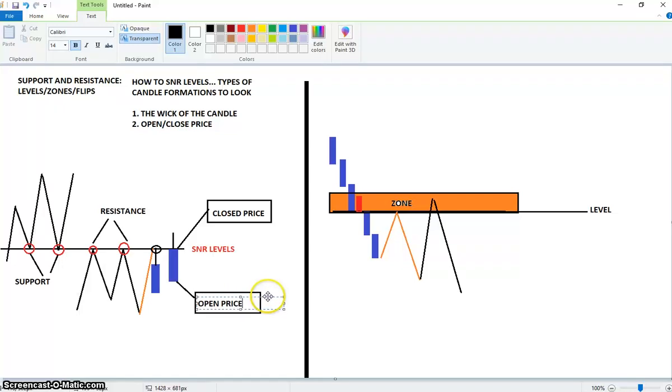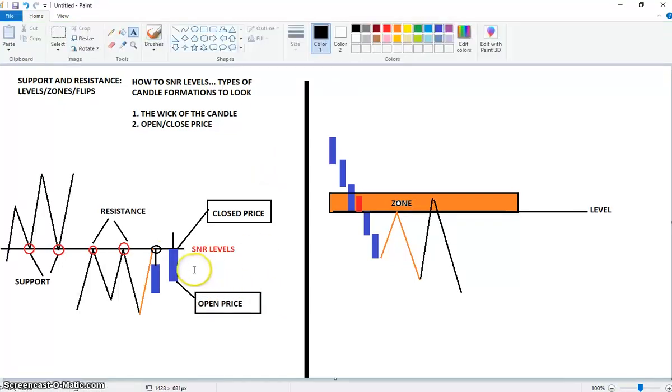So if price rejects at this point, because price is rejecting this open price, it may now be that the next candle coming down may become a red candle. Okay?